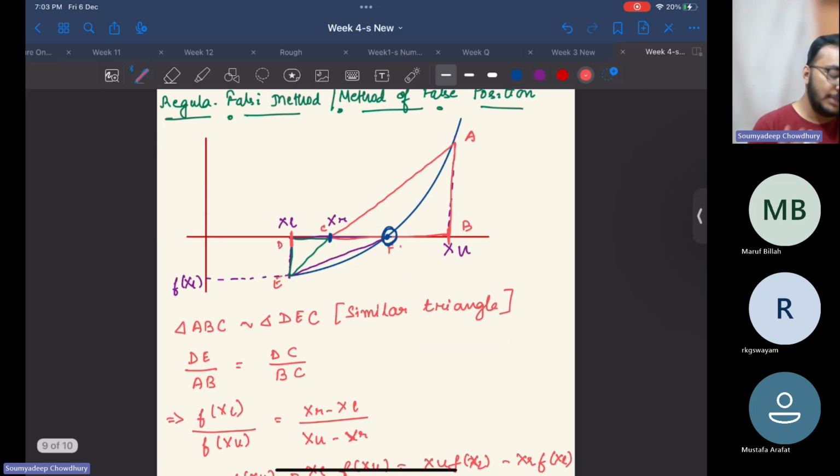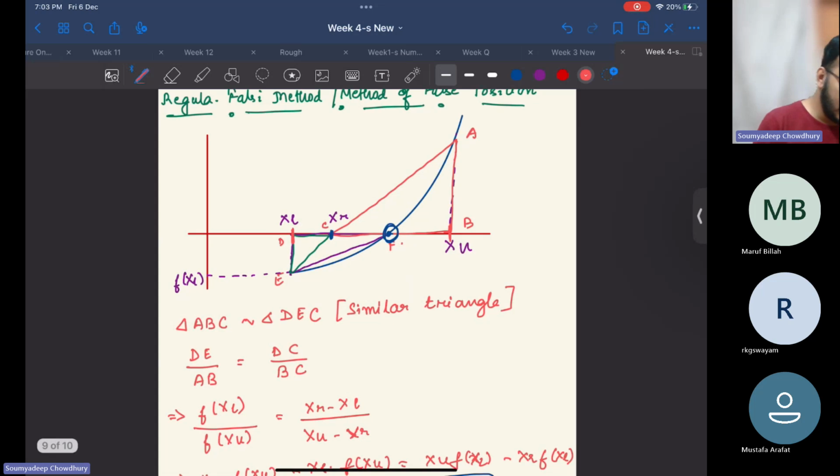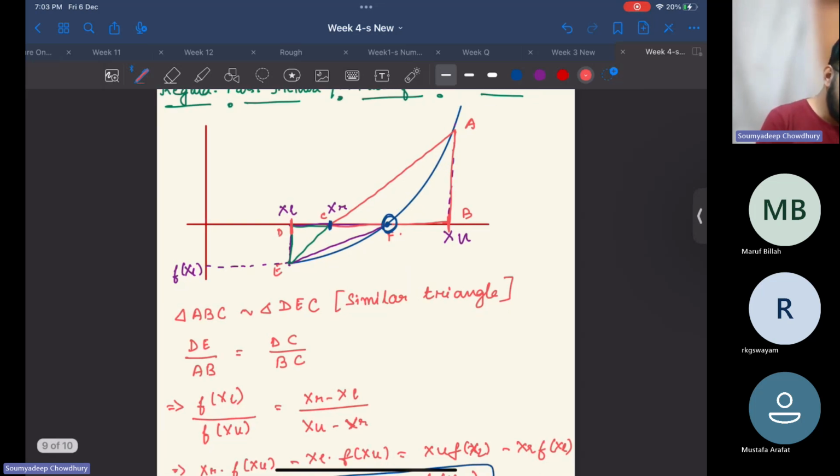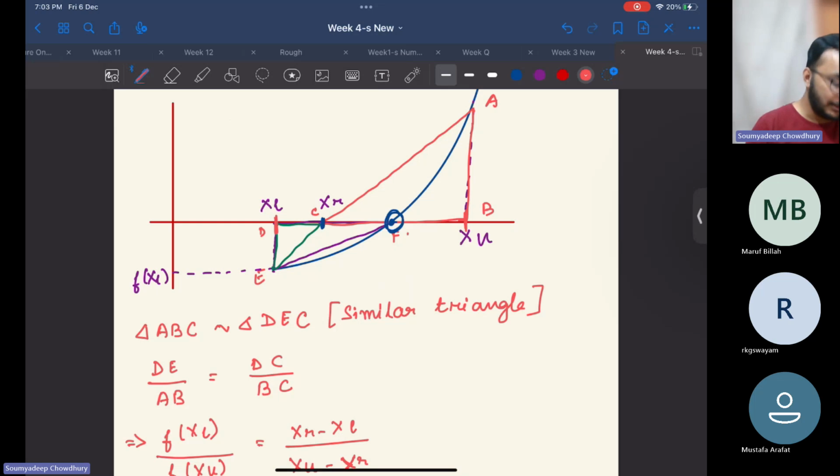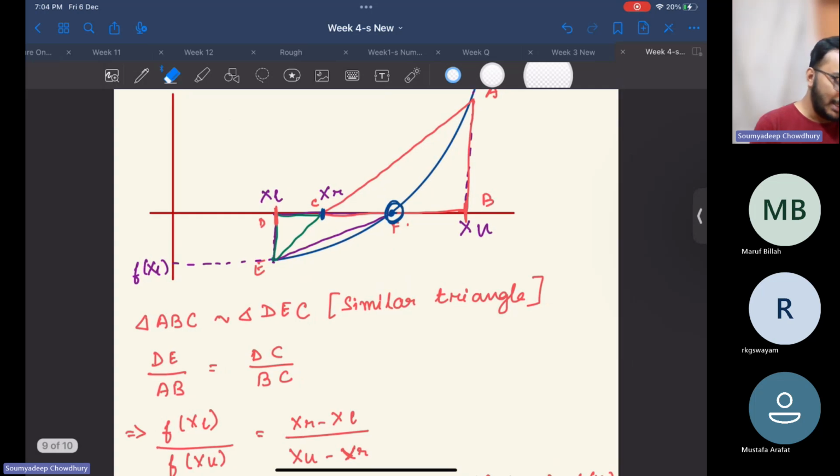Here we can use the property of similarity of triangles. If you see these triangles, triangle ABC and triangle DEC, these two triangles are similar, based on the angle conditions. If they are similar, the ratios of the corresponding sides are equal, right? So DE by AB equals DC by BC.